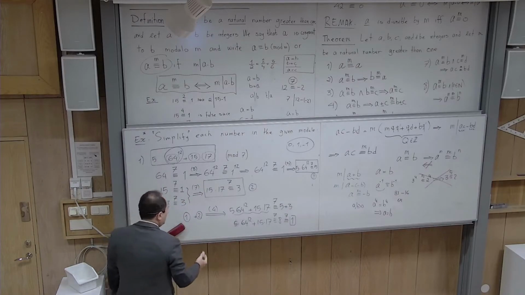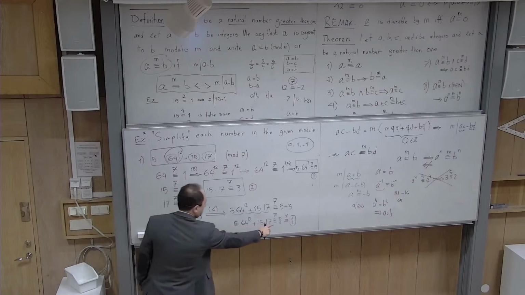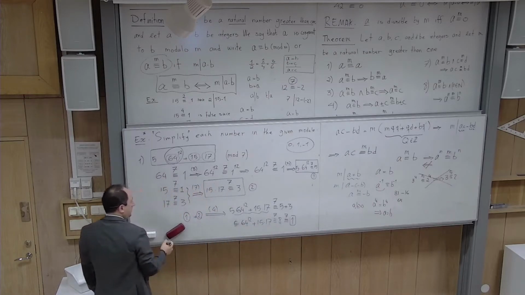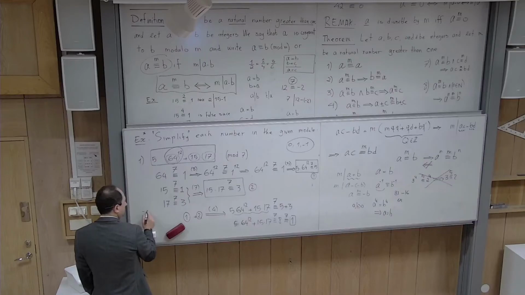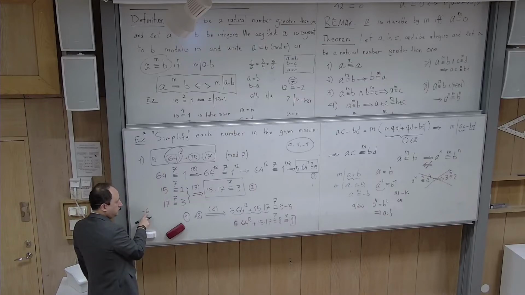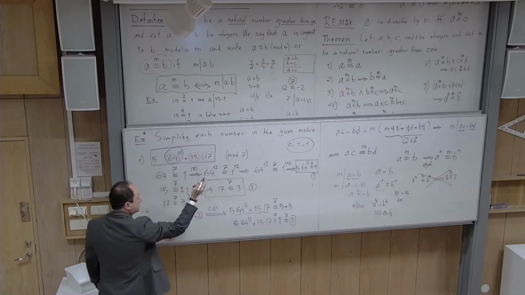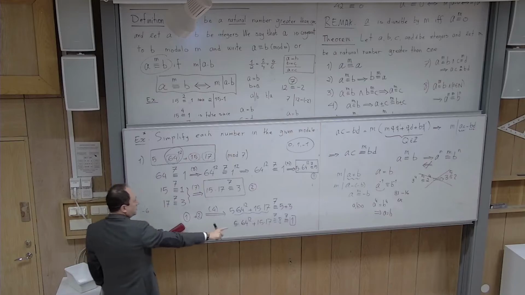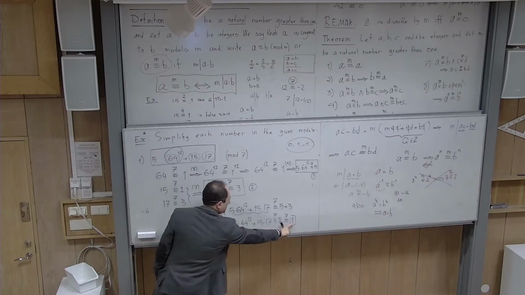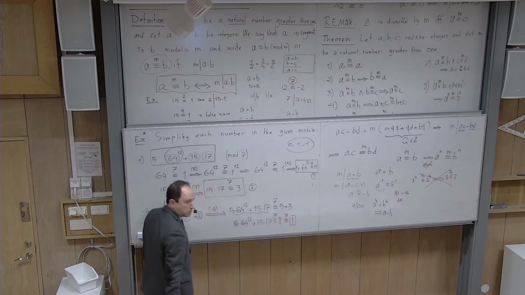So, for example, instead of 8, I can write, I don't know, minus 6. Yes? Because 8 minus 6 is 14. 14 is divisible by 7. So that's also correct. But if I take the quotation mark, the convention is usually this, that give me a non-negative number which is strictly smaller than the module.